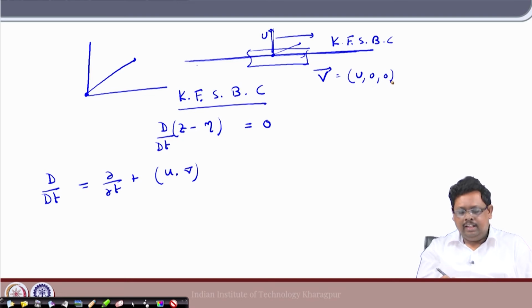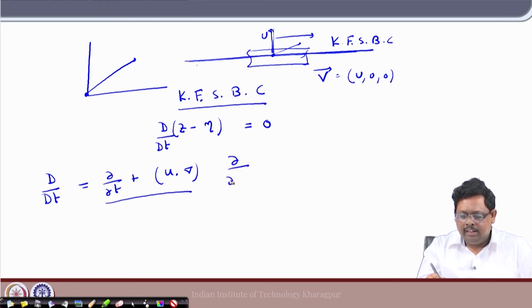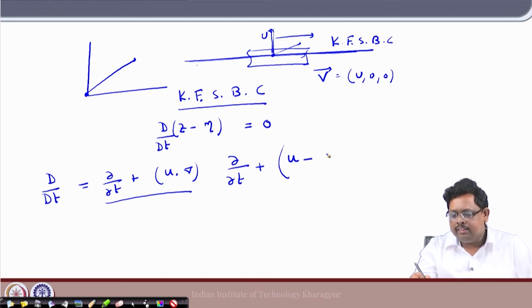So, definitely this equation is going to be modified as del/del t plus (u minus capital U, or you can say capital V vector) dot grad.